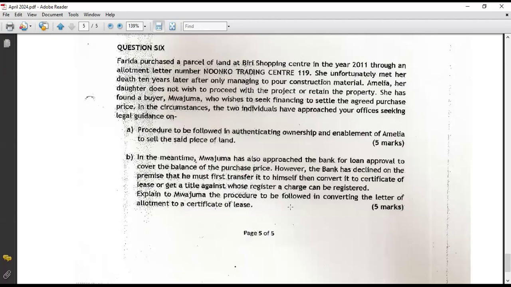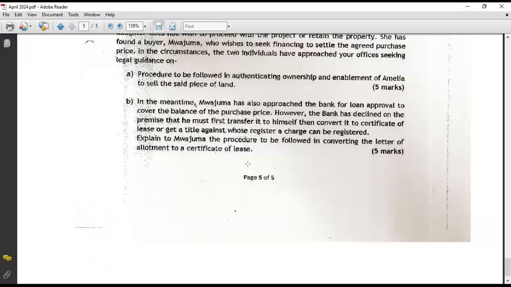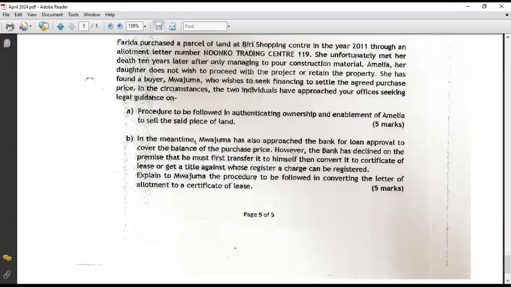So, you said 5 steps, like what you have talked. Of course, number 1 is to see that he had gone to the company and see that they had met the conditions of the allotment. You see? So that is the first step.